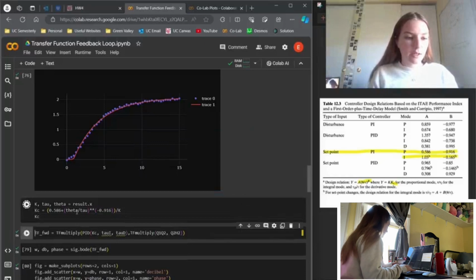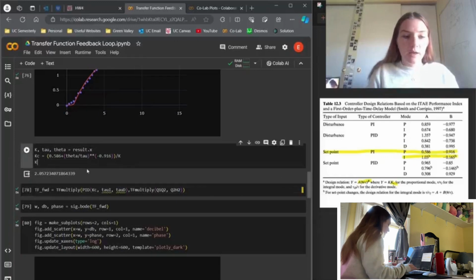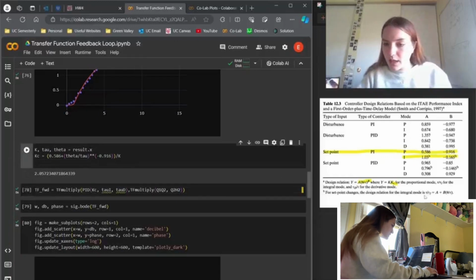So if we look at our Kc value, we can see that it's about 2.06-ish.